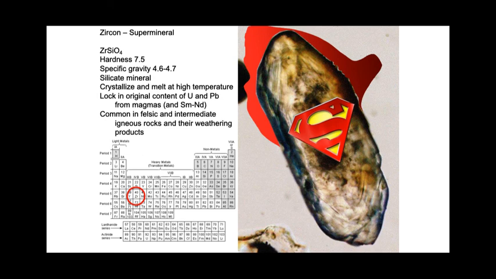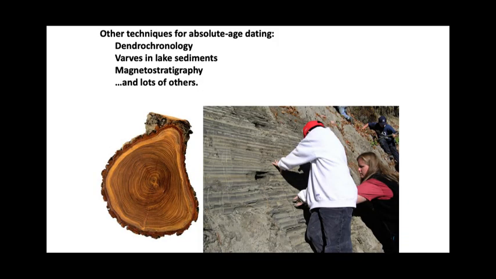So just a few more techniques to throw out here. The next slide shows you dendrochronology. It also shows you another technique here. There's a guy standing here with a student, and they're looking at different layers. Each one of those layers actually represents a year. Now, this is one of the unusual exceptions in this sort of absolute age dating.